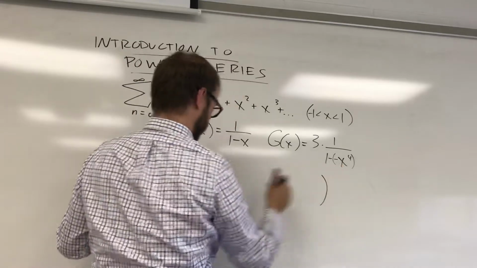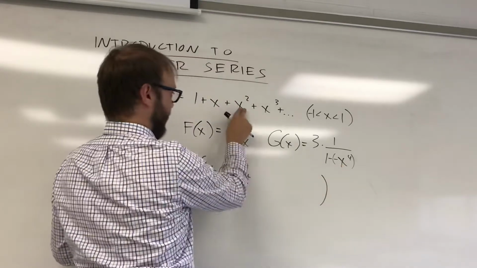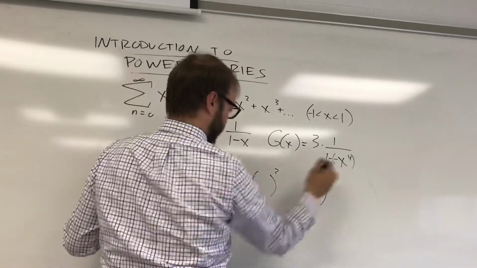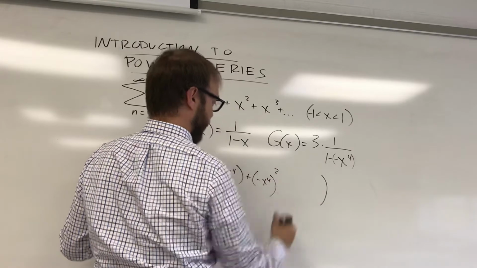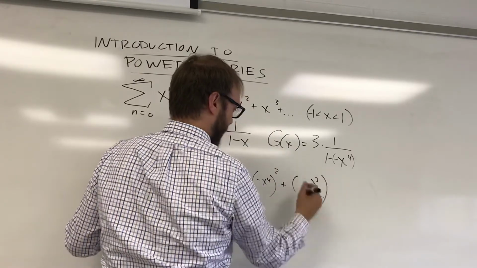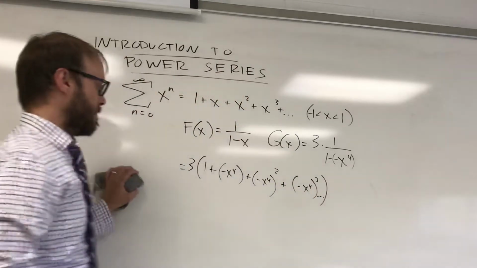And the input here is going to be negative x to the 4th. Okay, plus the input squared. Okay, and the input's going to be negative x to the 4th. Plus the input cubed. And the input's going to be negative x to the 4th, okay?